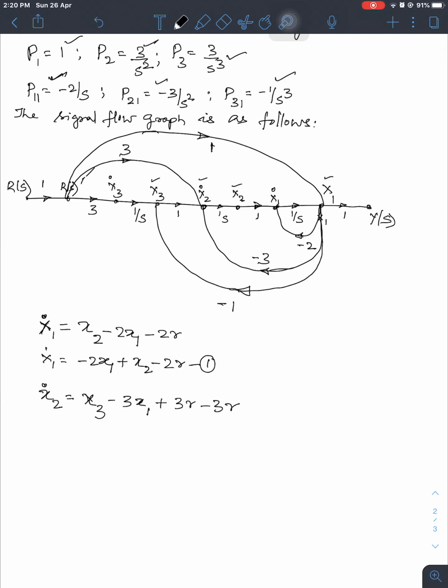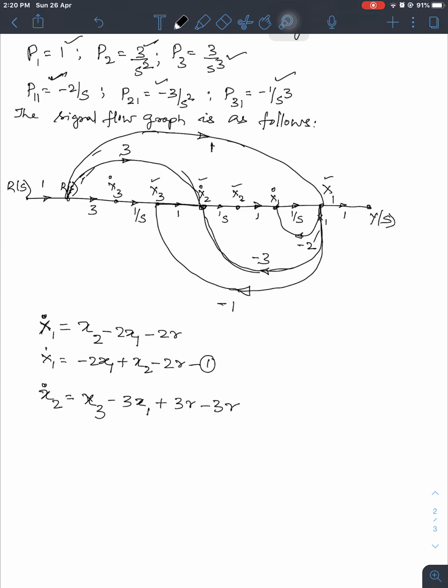Alright, at x2 dot we have 4 input signals. One is from x3, another is from x1 via minus 3, another is r of s via 1, then it comes via minus 3, so that will be minus 3r, and there will be 3r here, that is directly 3r.